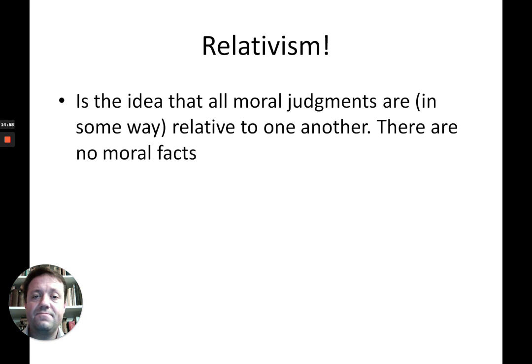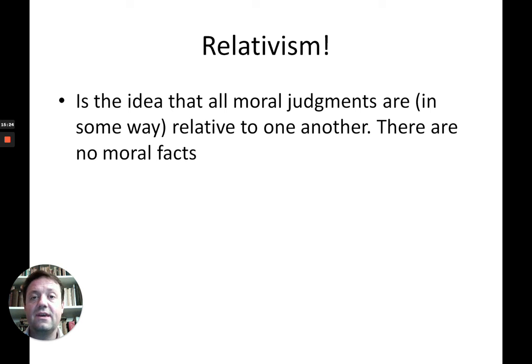So, just to summarise, relativism is the idea that all moral judgments are relative to one another and that there are no moral facts. There is what is known as descriptive relativism, which is just the observation that there are many different moral systems in the world. That observation is a fact, but it's got nothing really to do with morality itself.